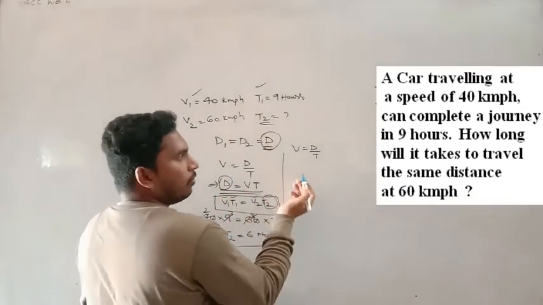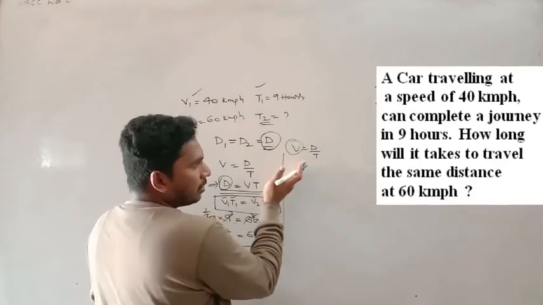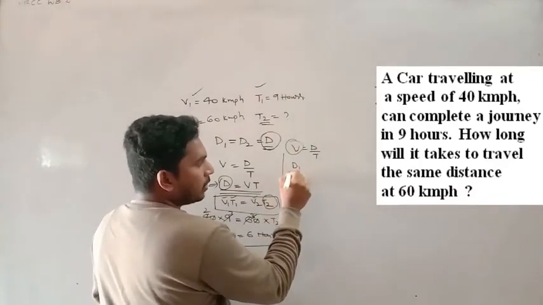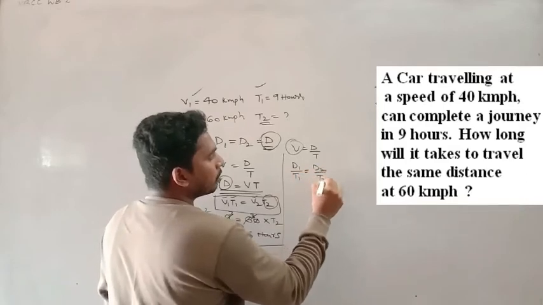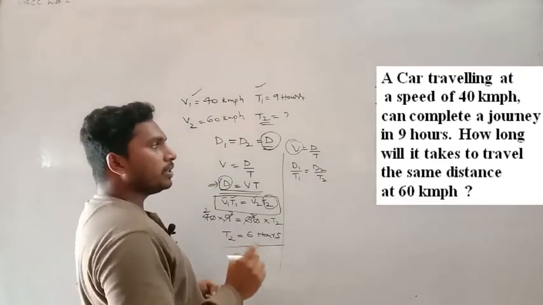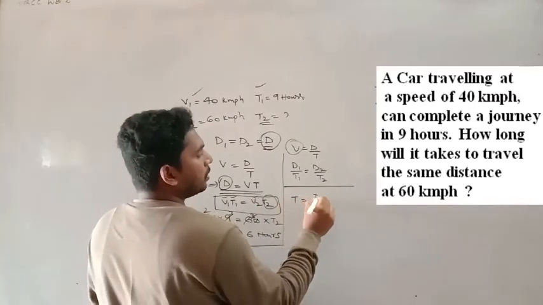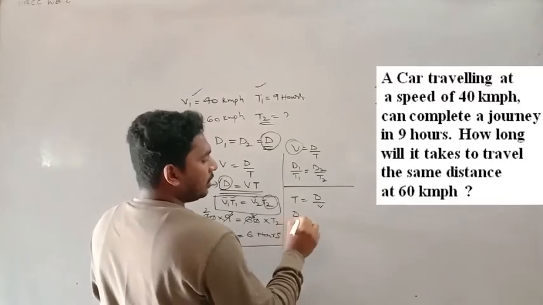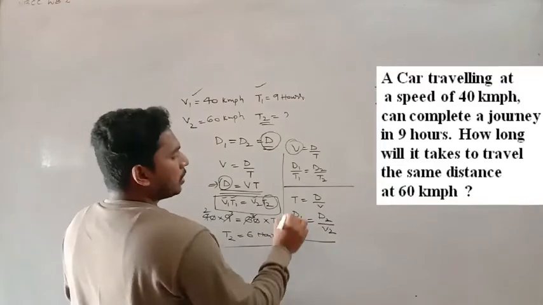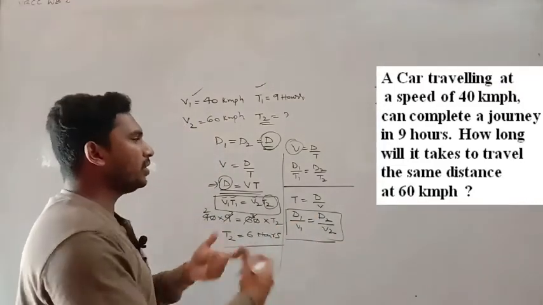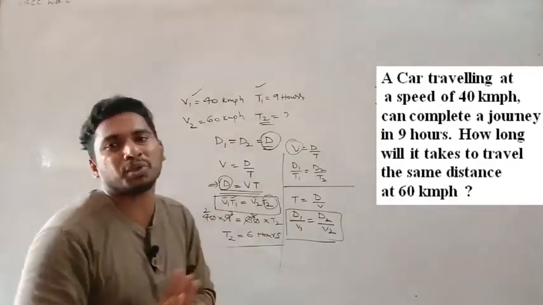If v is constant, it is already on one side, so straight away you can write d1 by t1 is equal to d2 by t2. If t is constant, then t is equal to d by v, so d1 by v1 is equal to d2 by v2. This is how you can develop relationships and easily solve the problem.